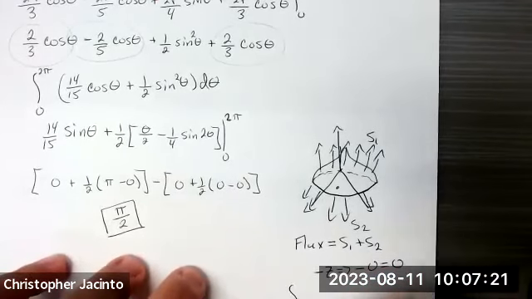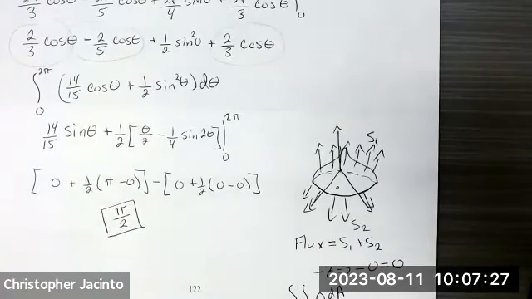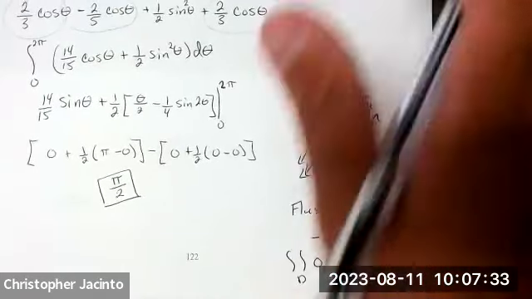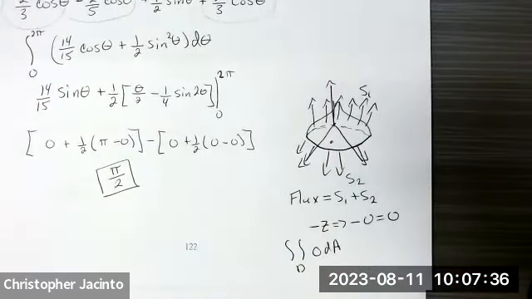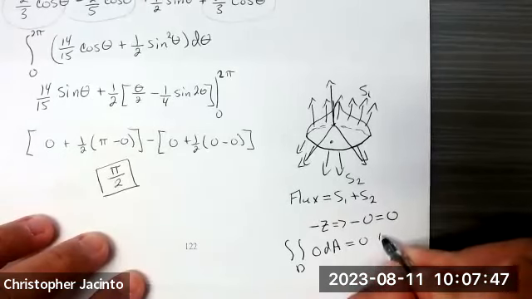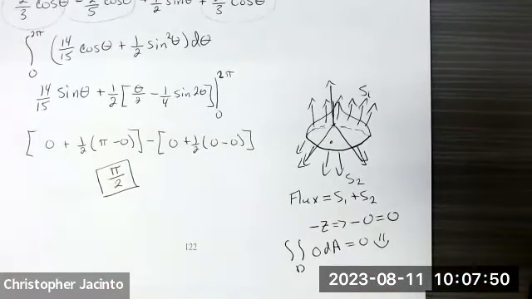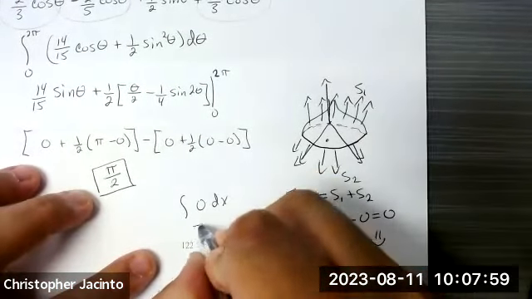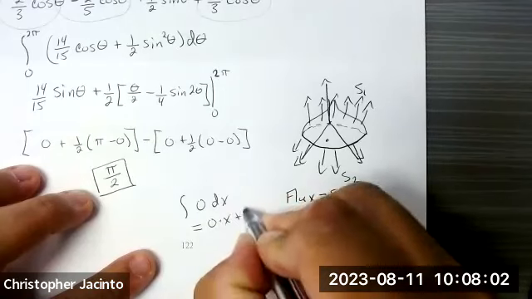So now we're going to take the double integral of 0 dA. Now, anybody know what the integral of 0 is, just in general? Trick question. Zero. Because if you take the integral of, let's say, 0 dx, for instance, what does that say? 0 times x plus the constant.